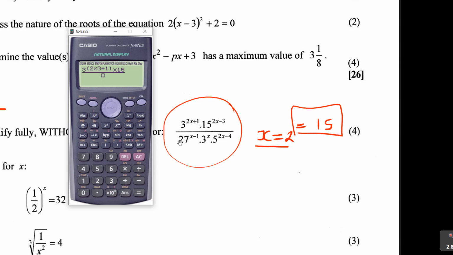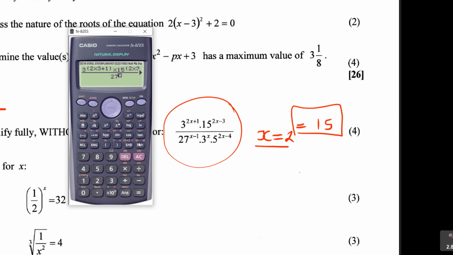Okay, let's do that. Put brackets and say 15 to the power, bracket, 2 times 3 minus 3. Think like that, okay? Just to see if ever I made an error somewhere.